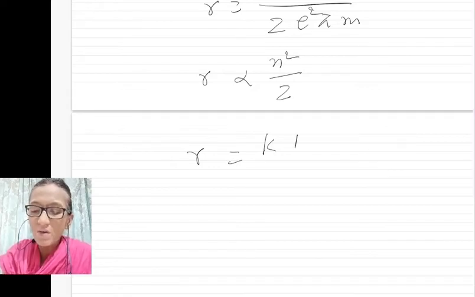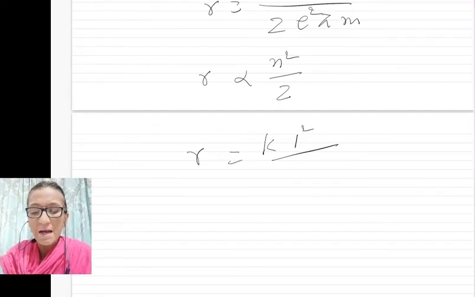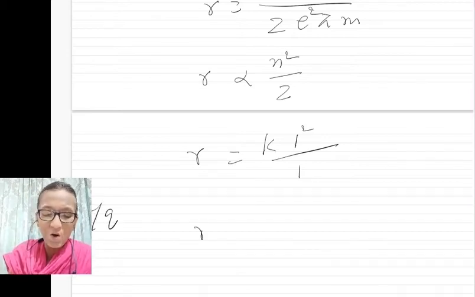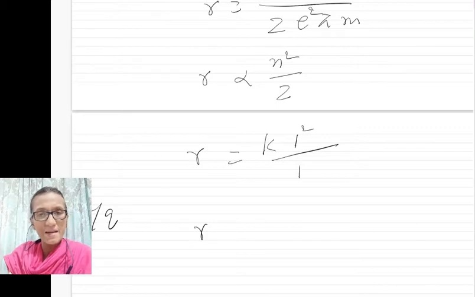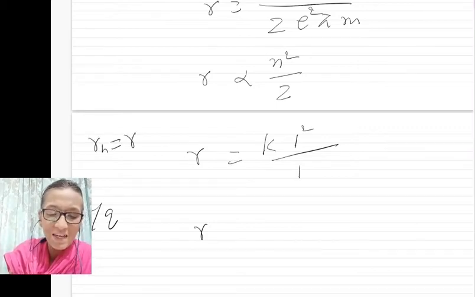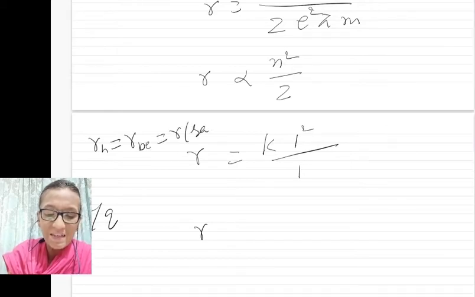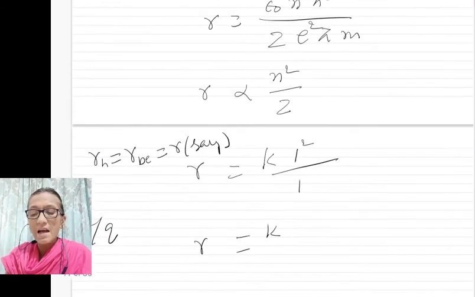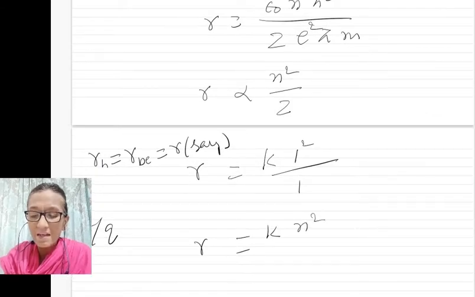So for ground state in hydrogen atom, this is 1 square upon the atomic number of hydrogen atom, which is also 1. And according to the question, radius for beryllium atom also is the same. R hydrogen is the same as R beryllium, and it is equal to R say. So R will be equal to K, this constant is the same, and n you have to find.